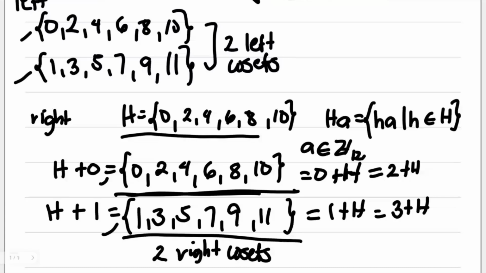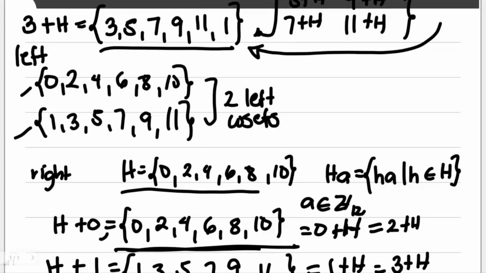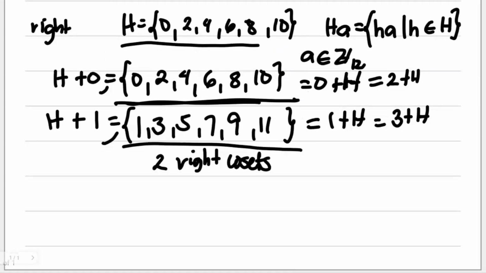And the idea of having only two left and right cosets is anchored to the idea of determining the index of H in G, because the index of H in G is just equal to the number of left and right cosets using H on the same G.